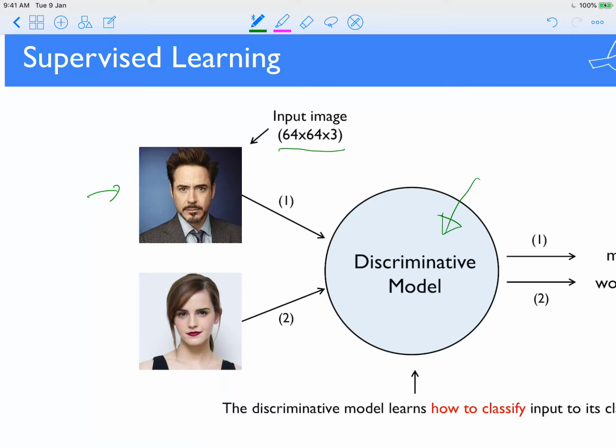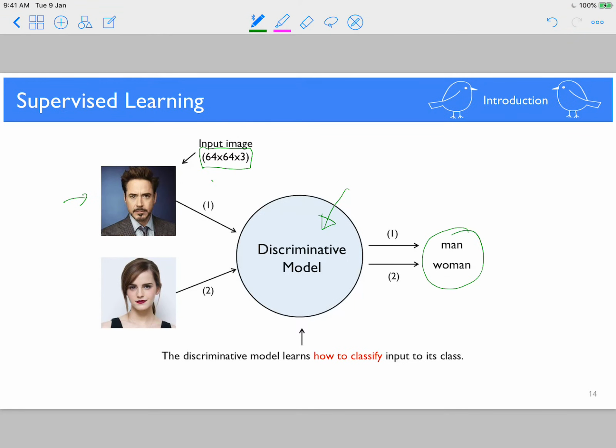For example, if we have an image as an input, we have so many numbers, right? At the end, if it is classifying whether the given image is a man or a woman, the final output can be viewed as a single binary value, 1 or 0.